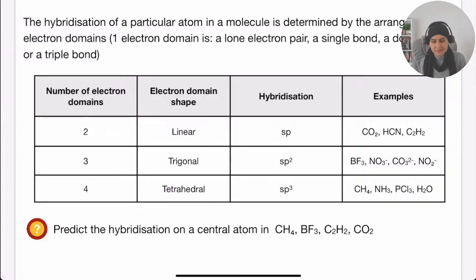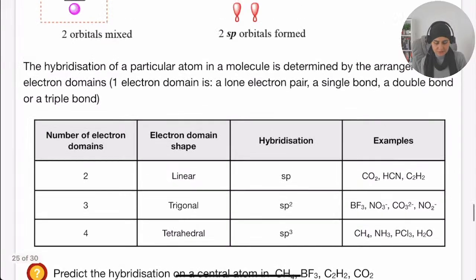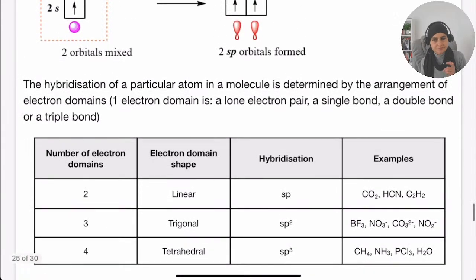So how do we identify hybridization? Easy recipe. To find out the hybridization of an atom, say you have a molecule and they ask you what is the hybridization of nitrogen in NH3, you need to calculate the number of electron domains around that atom.